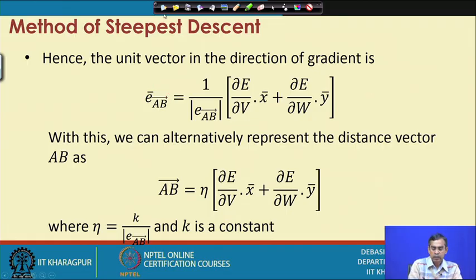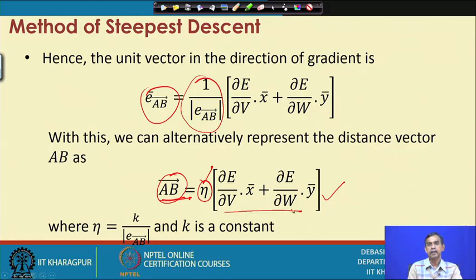Now, if it is the unit vector, this unit vector can be multiplied by any scalar quantity to give the vector itself. So, the AB vector, which we have represented in terms of V_i, W_i and V_{i+1}, W_{i+1}, can also be represented in terms of its gradient representation, where eta is basically the constant, and these are the gradient formulas that we have discussed.